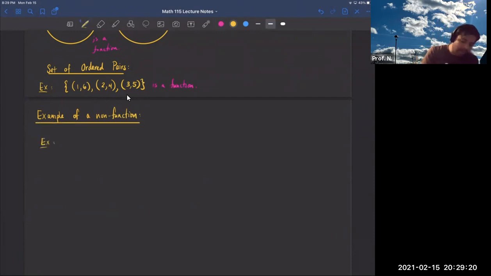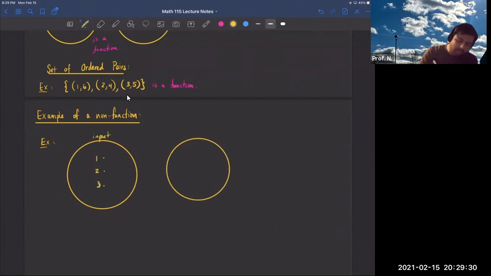So I'll use the same arrow diagram here. Now what the problem will be, hopefully you'll see. This is 1, 2, 3, 4, 5, 6 again. And I'm going to do one extra thing here that changes everything. So if I go 1 to 6, and 2 to 4, and 3 to 5, but the moment I go 1 to 4 again, do you see how this is not a function?